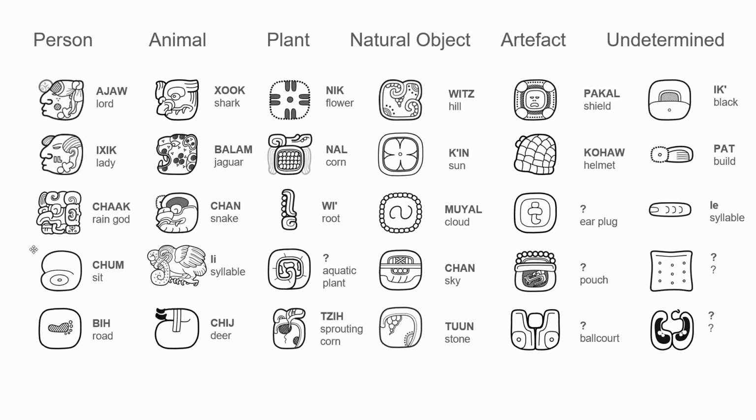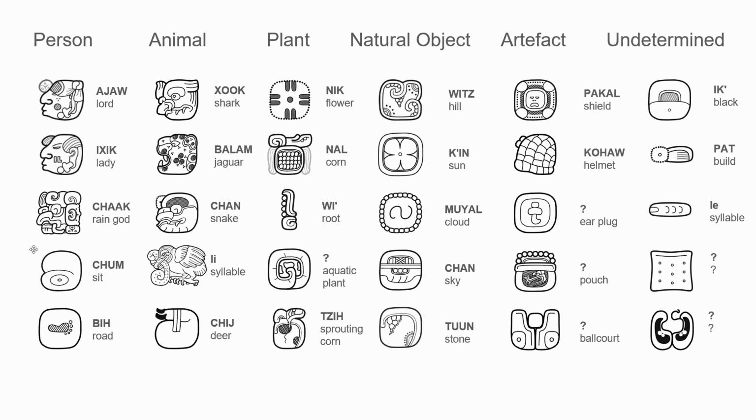It's an aquatic plant, etc. And here we have the hill, sun, the cloud, the sky. This is the word for stone, etc. Many signs in Maya hieroglyphic writing are depicting artifacts, and they are quite difficult to recognize. Some of them must be artifacts, but we don't really know.